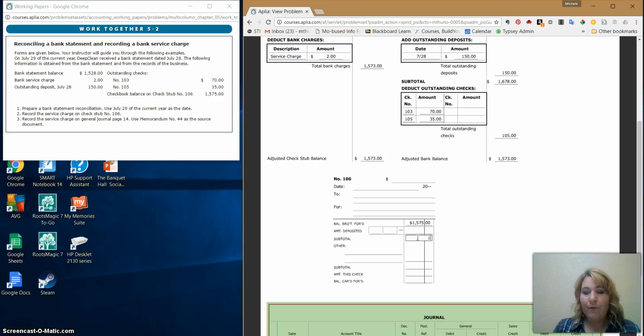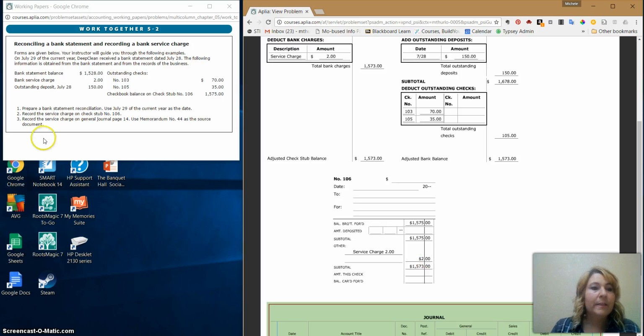And then we come down here, 1,575. Other is going to be service charge of $2. We're going to subtract that $2 and we get $1,573. Oh, I put that in the wrong spot. That one is actually the $2 for the total service charges, or the total other charges. Our subtotal goes in this line.